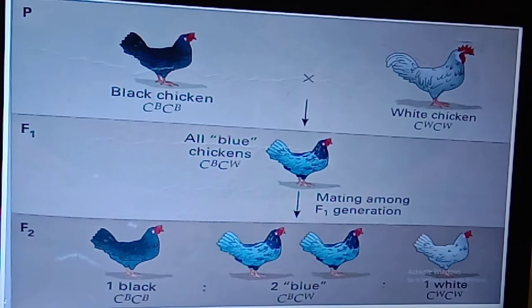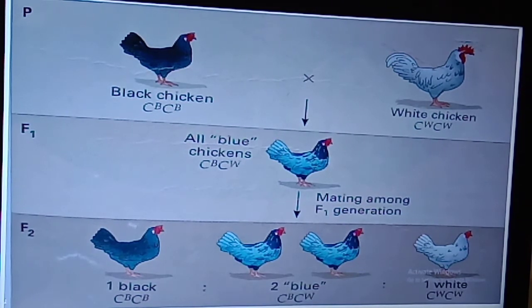However, if all the blue chickens in the F1 generation are crossed, they will have offspring with black, blue, and white. For us to know the probabilities of outcomes, we are going to use Punnett squares.